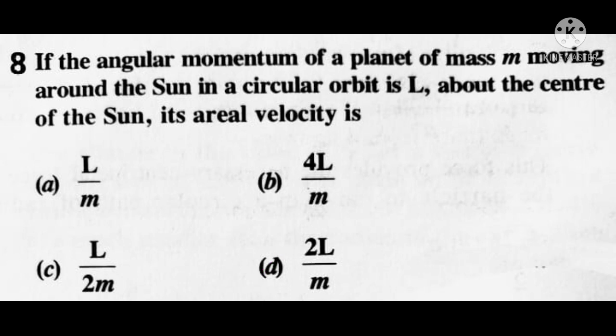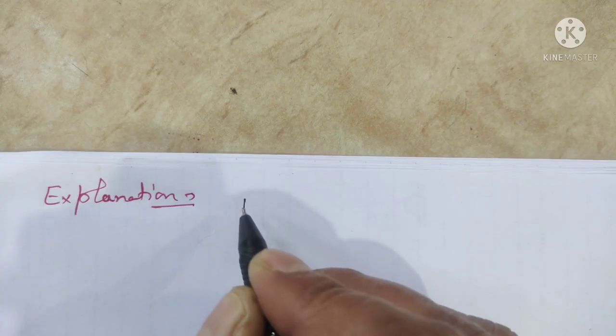In this question we have given a planet whose mass is m and it is moving around the sun in a circular orbit whose angular momentum is L about the center of the sun. Then its areal velocity is. We have to find the areal velocity. So let us see how we can find the areal velocity in this question.